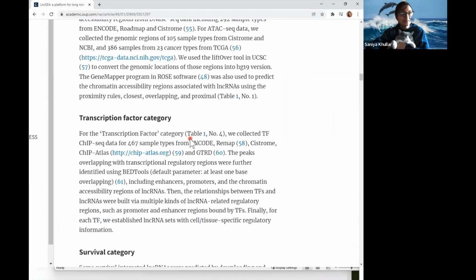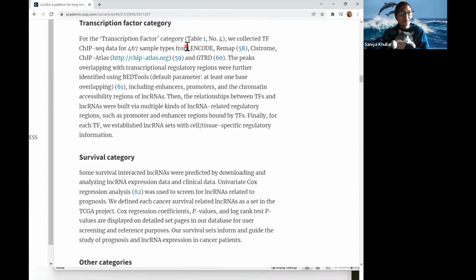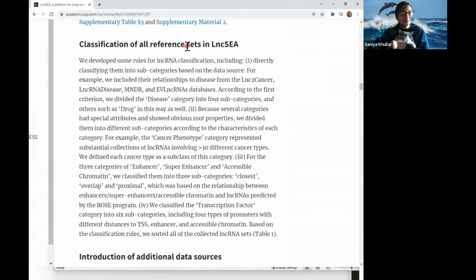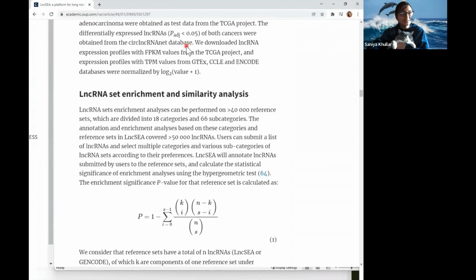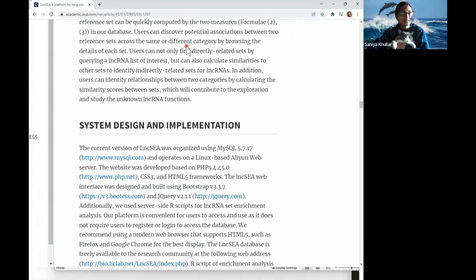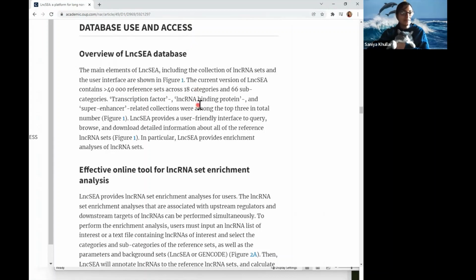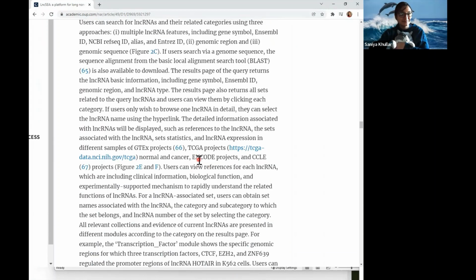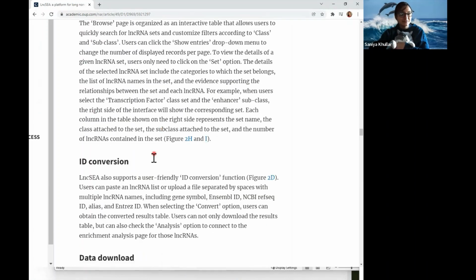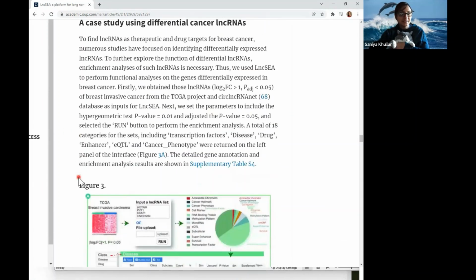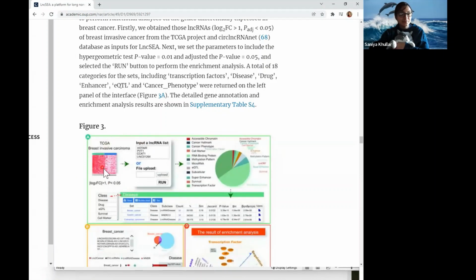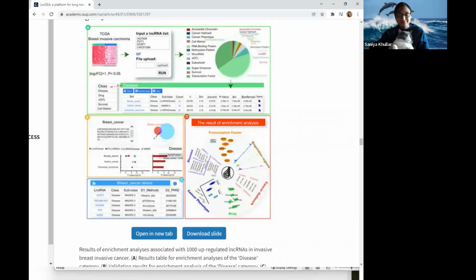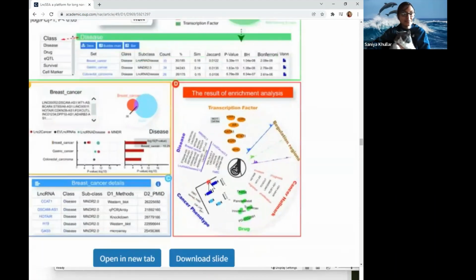So in the paper, they talk all about transcription factor type categories as well, other categories, other data sources. So it's a lot, how they can use this information and how it's really helpful. So it's user-friendly data download. They were applying this for the Cancer Genome Atlas as well. And we can see the results of enrichment analysis as well.